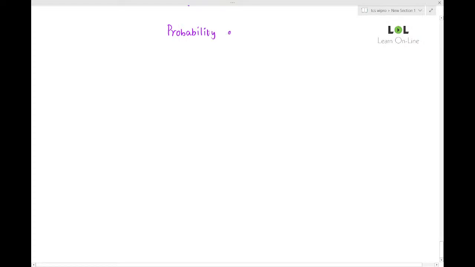Probability of numbers. Observe. Suppose I give you a question something like this.